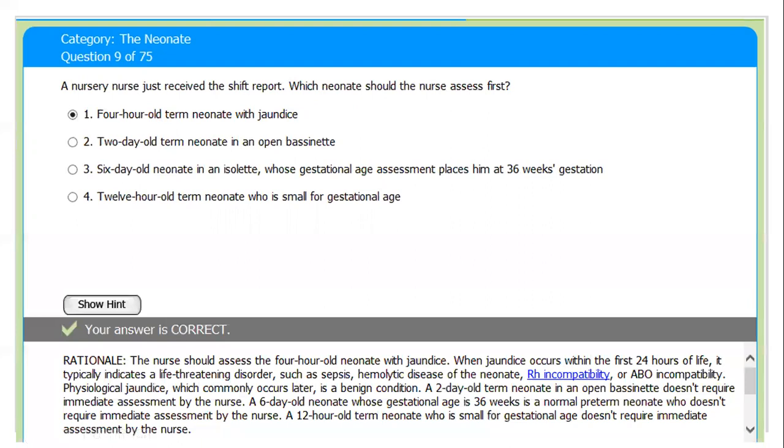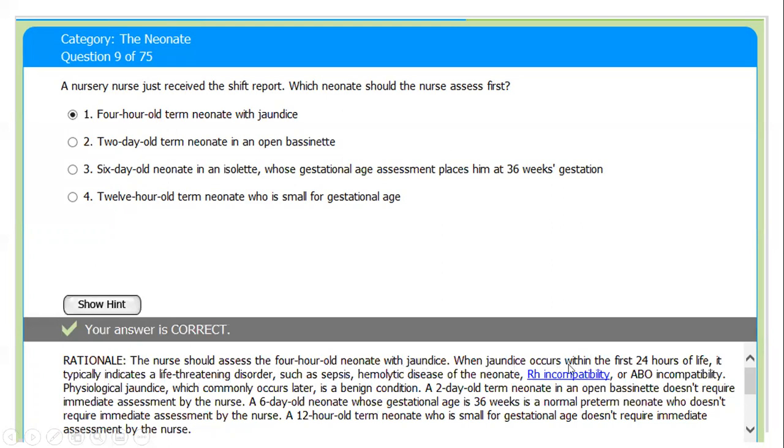So out of the 4, number 1, the 4-hour-old who has jaundice, we should go and check first. The rationale said the nurse should assess the 4-hour-old neonate with jaundice.